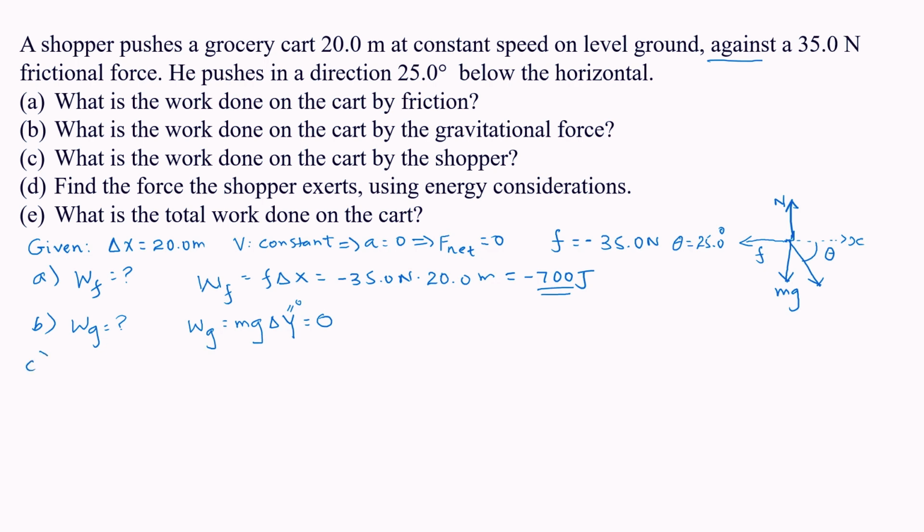C. What is the work done on the cart by the shopper? Work done by the shopper, let's denote it by W sub S. Alright, so we know that the net work is equal to 0. Therefore, W net is going to be the algebraic sum of all work done. That's work done by the shopper, that's work done by friction.